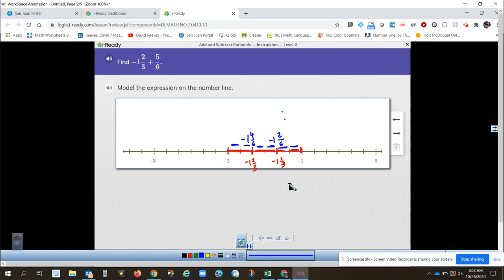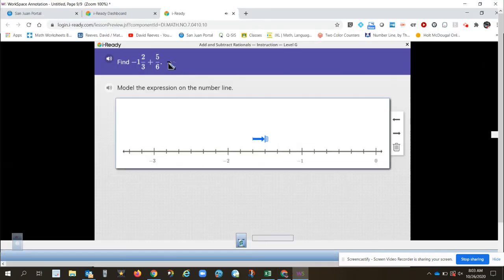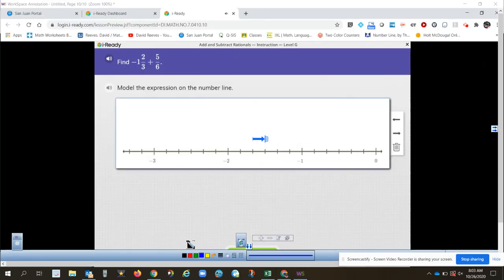All right. Okay. So where is negative 1 and 2/3? Negative 1 and 2/3 is right there. We're adding a positive, so we're going to go to the right. Okay, so there is negative 1 and 1/6, 2/6, 3/6, 4/6. Again, if we wanted to take 2/3, and because we want to add it to a sixth, we want a common denominator.